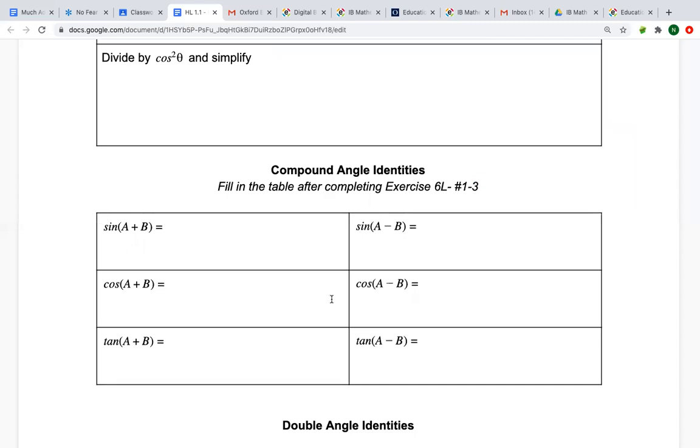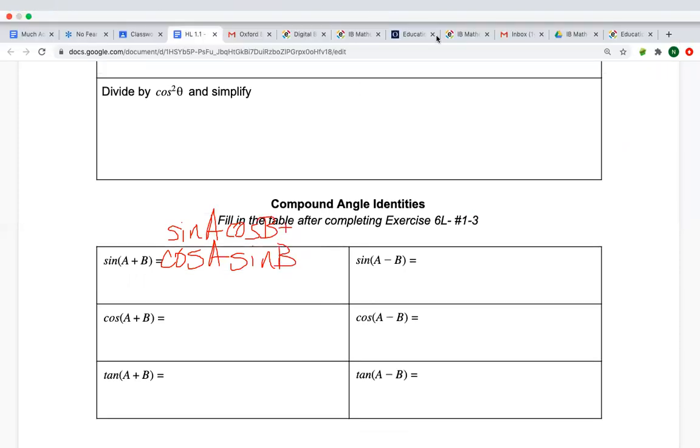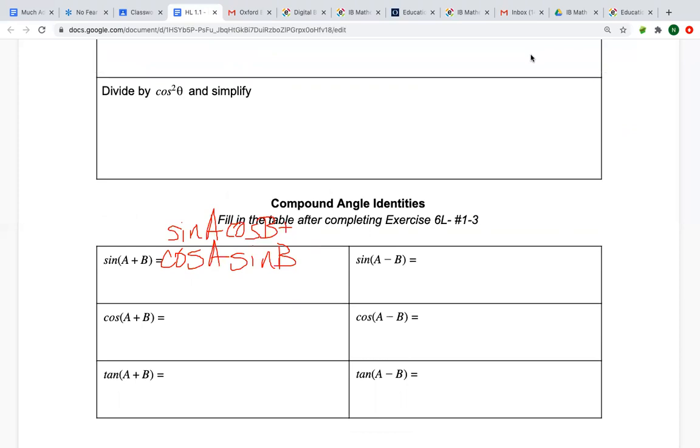Okay, so now that you've done those problems, the answers you should have gotten were sine A cosine B plus cosine A sine B. And just so you don't have to watch me write all of these out, I'm going to pause the recording and then fill in the rest.